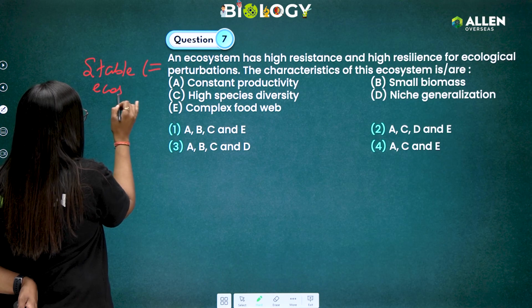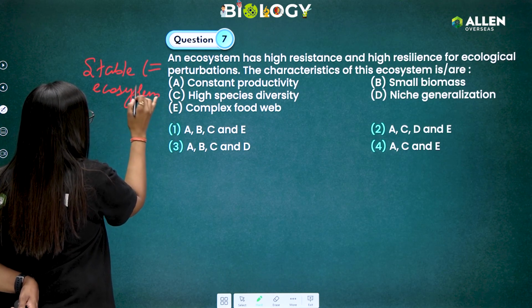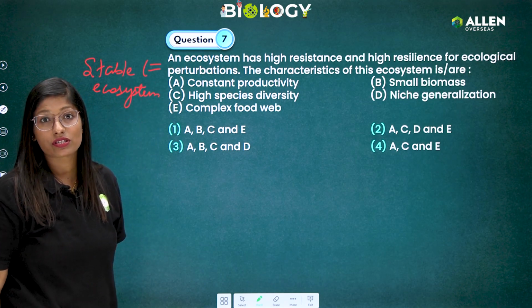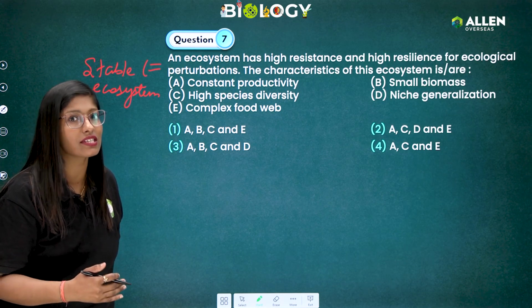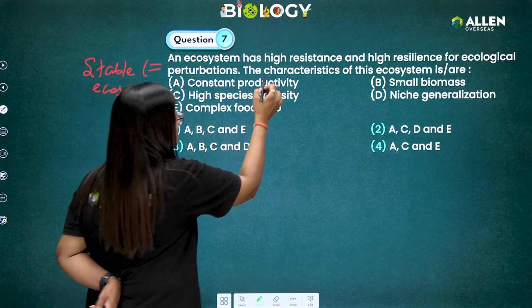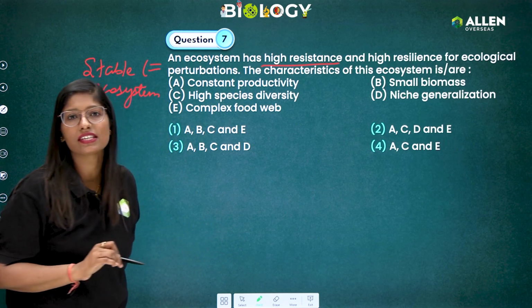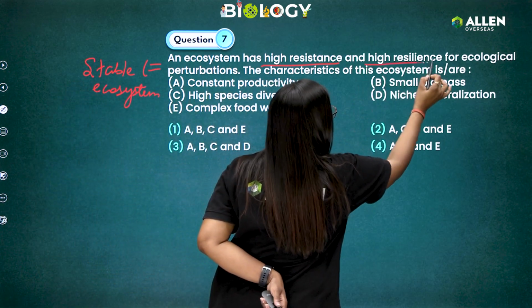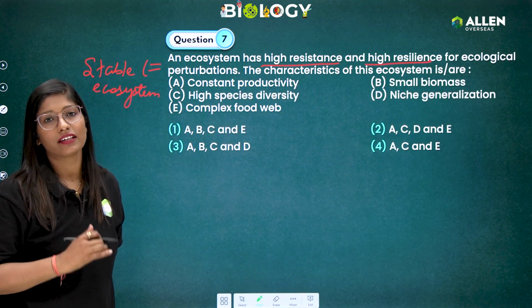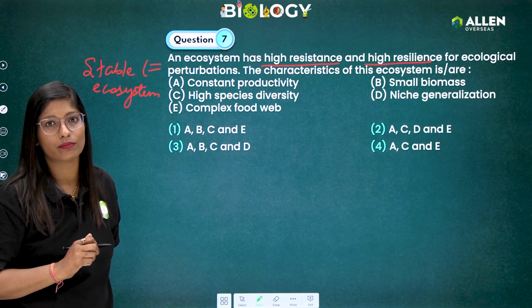Okay, so this is what we can infer from this particular statement, that they are talking about a stable ecosystem because it is resistant to alien species invasion. Therefore, we say high resistance. And it is highly resilient. It means that fewer year-to-year variations are there in the productivity in such an ecosystem, right?